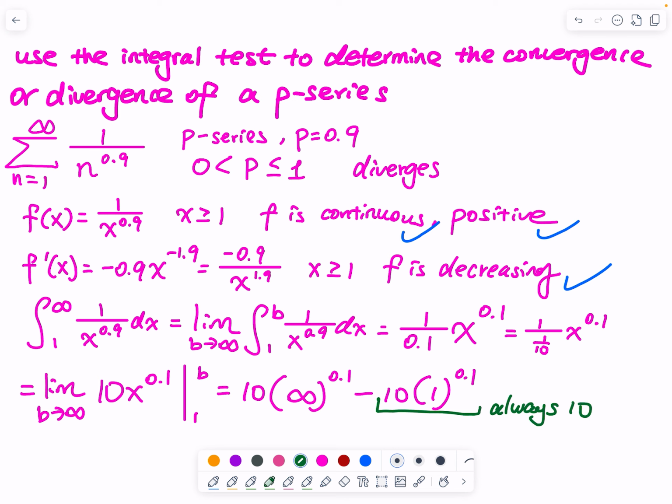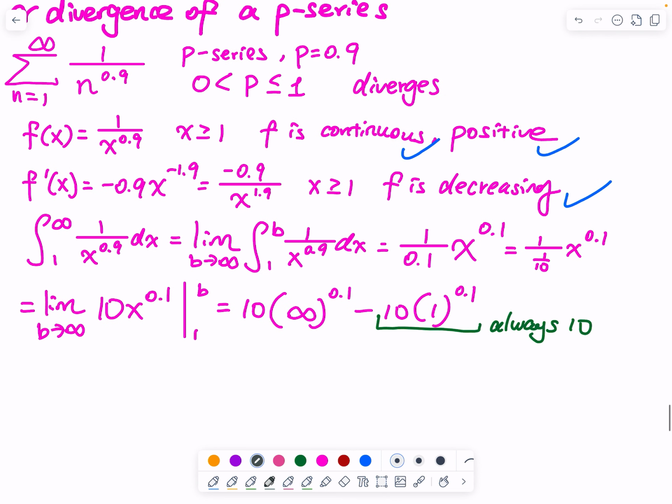What about the other piece? Let me try to use some numbers. According to my notes, I use 1 followed by 10 zeros, raised to the 0.1 power, which equals 10.